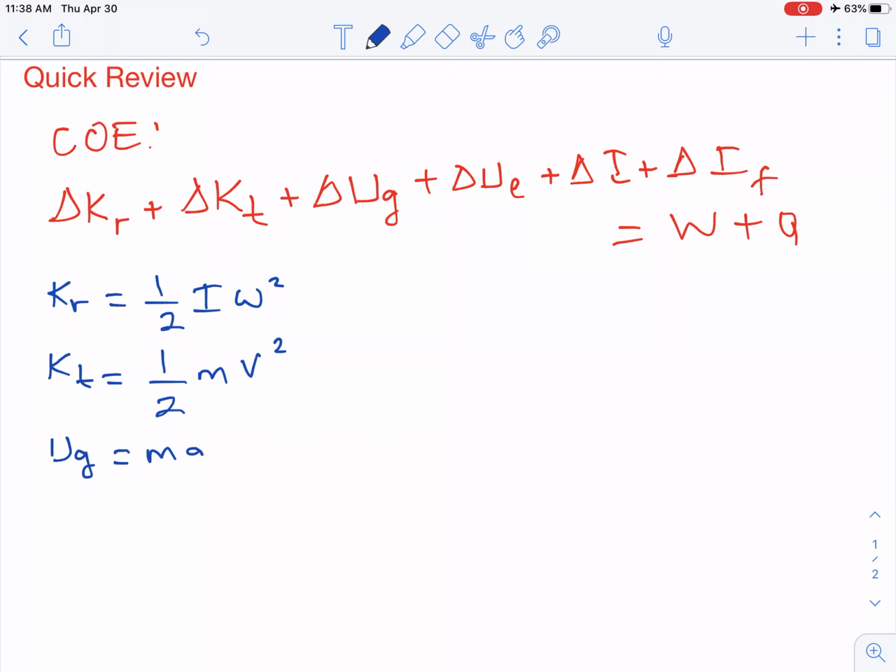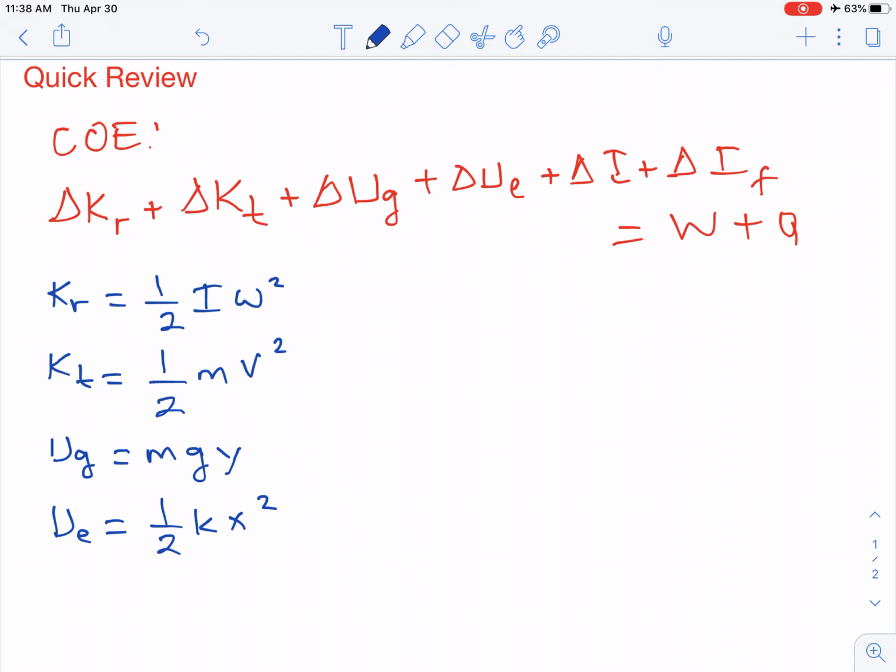U_G, gravitational potential energy, is in the form of mgy. And the elastic potential energy is in the form of 1/2 k x squared. Remember, k is the spring constant, x is measured from the relaxed position, the distance stretched or compressed. And I is the internal energy.